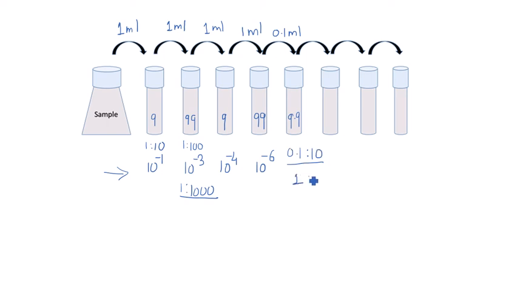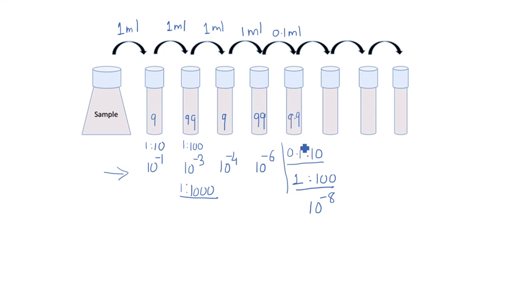So this is 1 in 100, and that is twice more than the tenfold, right? So now your dilution factor is going from 10 to the power minus 6, 7 and 8. So 10 to the power minus 8 will be the dilution factor of your tube number 5.